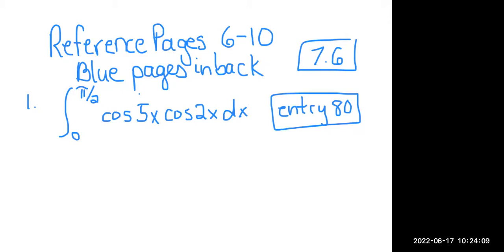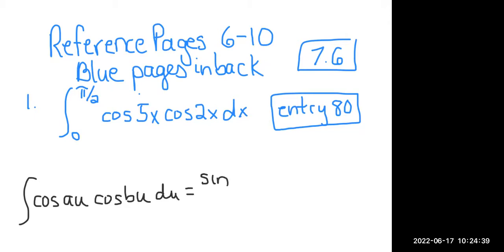I'll see if I can find it in WebAssign, and if it isn't there, I'll post these in case anyone's dying to see. So I'm going to show you what the formula looks like for 80. This is just the general formula for this particular situation: the integral of cosine au times cosine bu du equals sine.